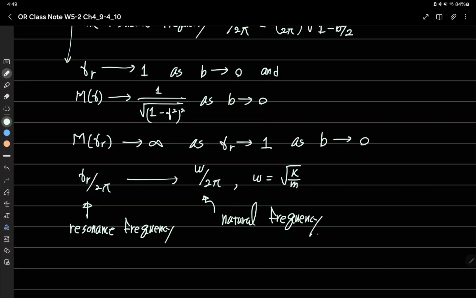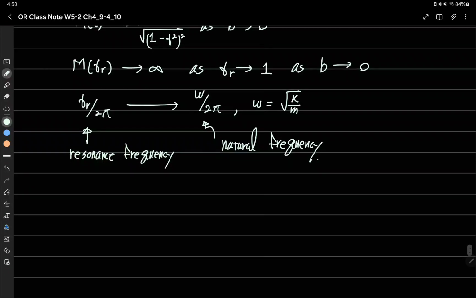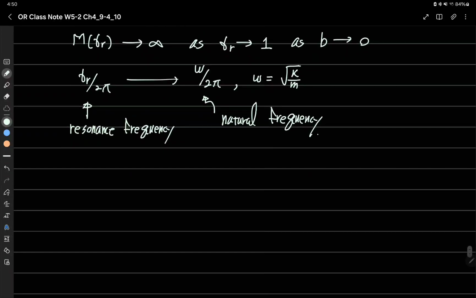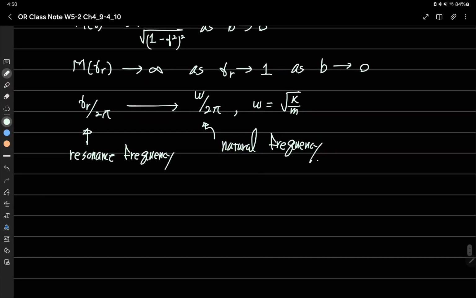Okay. So now that means gamma r approaches the natural frequency.